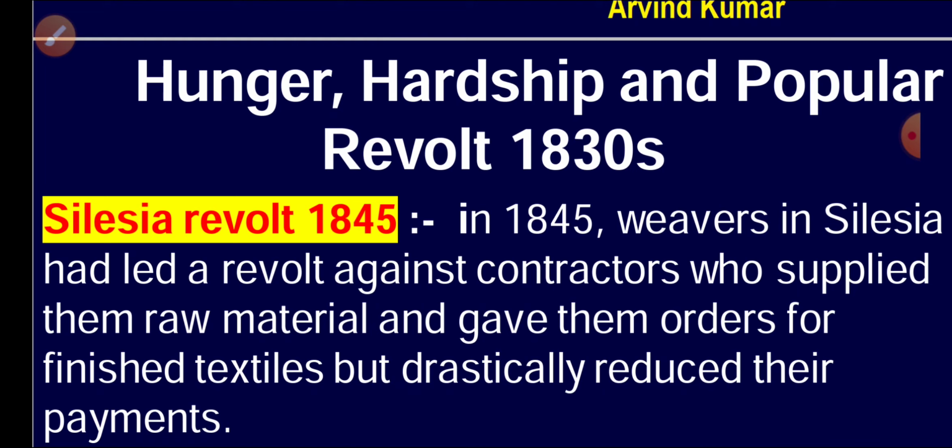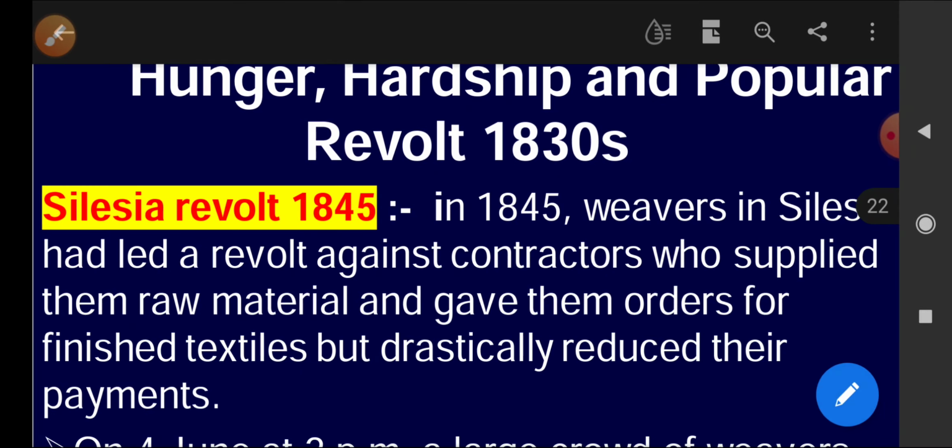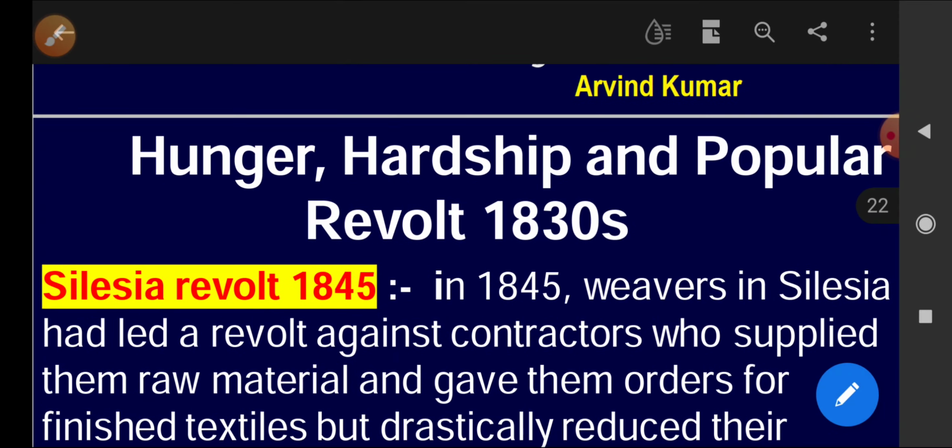When you see it in your book, you will find that weavers in Silesia led this revolt against the contractors who supplied raw material and gave them orders for the finished textile, but reduced the payment of these weavers. So ultimately, the weavers revolted against their contractors.